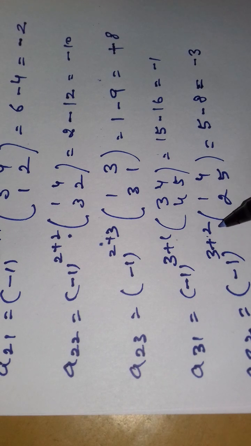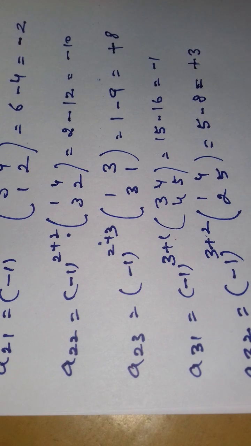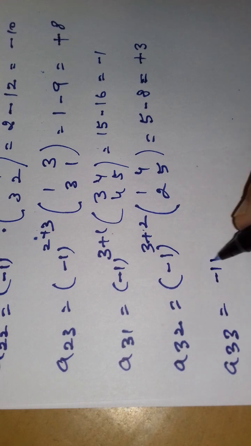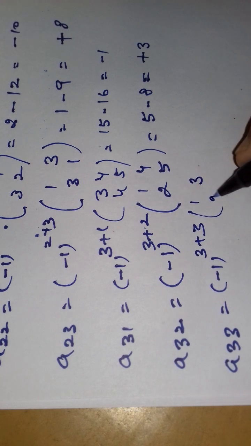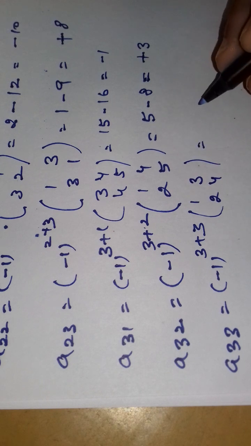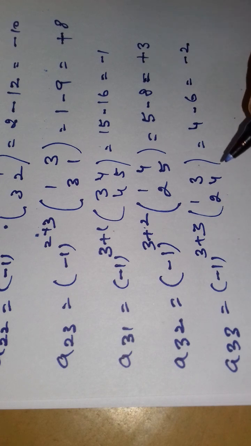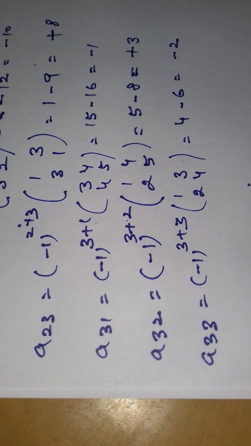Then 3 plus 2 is 5, and 5 means odd, minus minus is plus, so it will be plus 3. Again A33, third row third column, it will be minus 1 to the power 3 plus 3, so its submatrix will be 1 3 2 4, which equals minus 2. 3 3 is a plus, plus minus is minus, so we got minus 2.